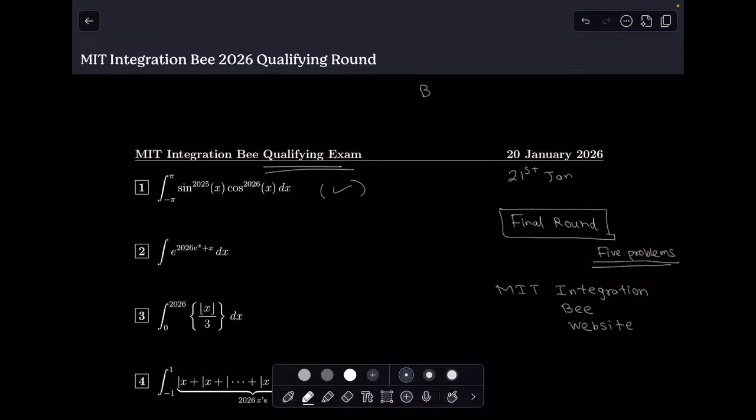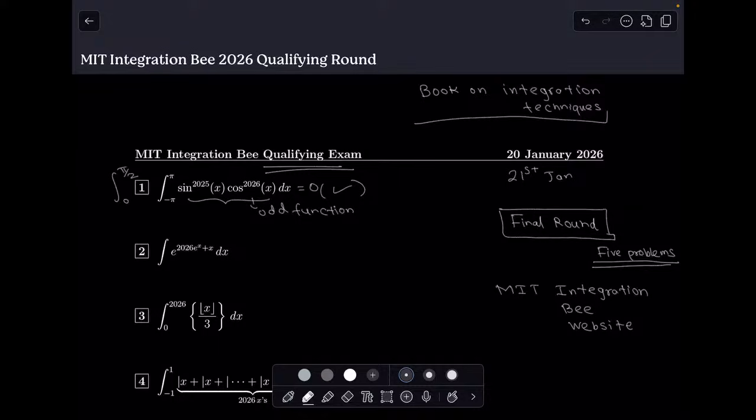Where can I find a book on integration techniques? There is actually a book online on ResearchGate by someone.